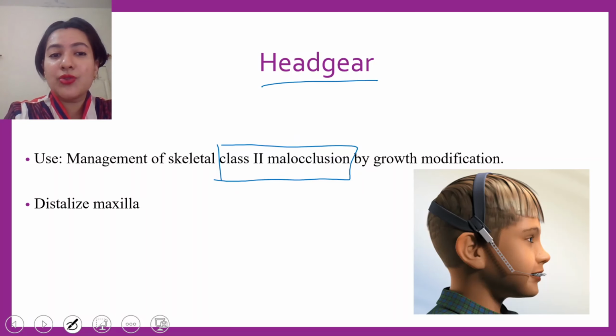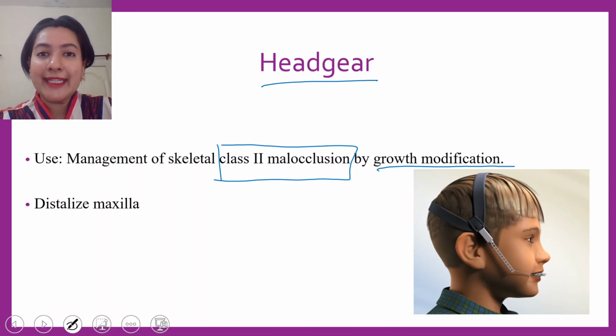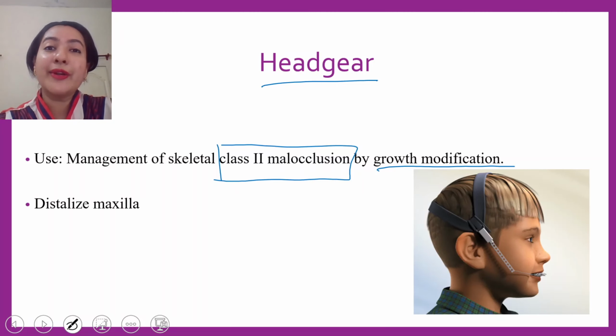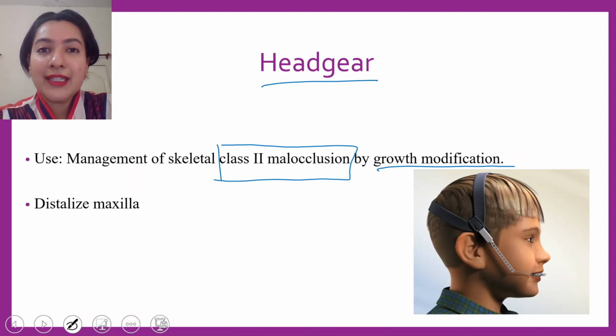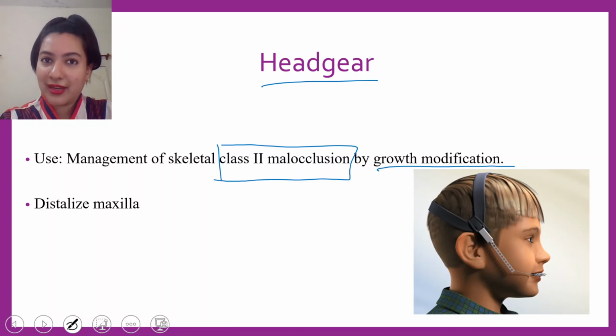So headgear is used in the management of skeletal class 2 malocclusion by growth modification. See, headgears and all these orthopedic appliances do not bring about dental changes, they bring about skeletal changes. And how do they bring about skeletal changes? By doing growth modification. That is why, if you can relate to my previous video, they are given in the mixed dentition age group where active growth is already occurring.